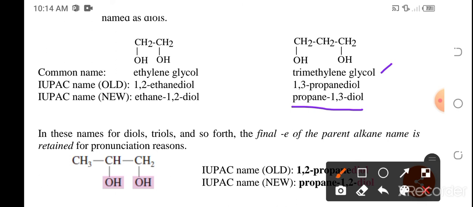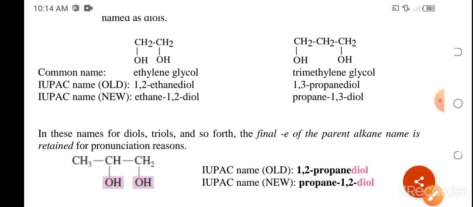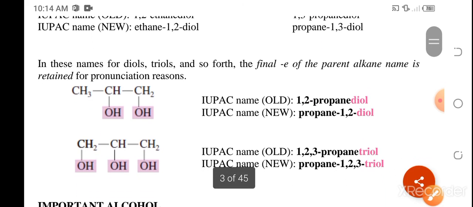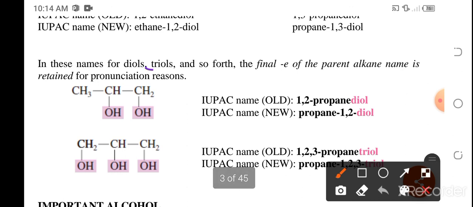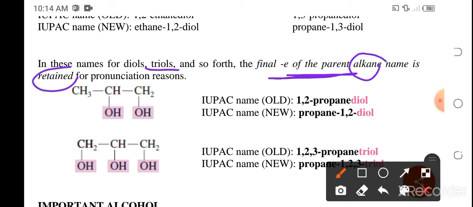Remember, we are not going to erase the E at the end of the name of the alkane. Rather, we are going to retain it so that it would sound nicer. Propane diol. Okay. It can also be a triol. What is important is that the final E in the name of the alkane is retained for pronunciation reasons.